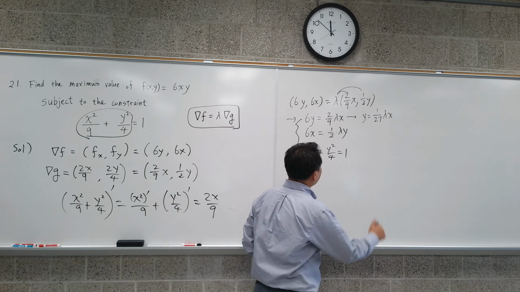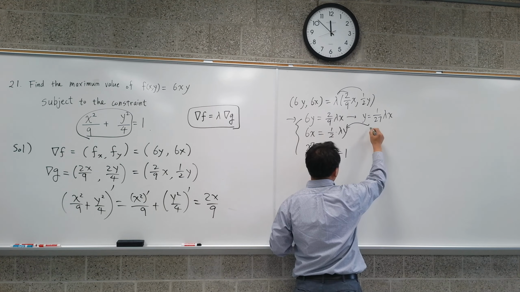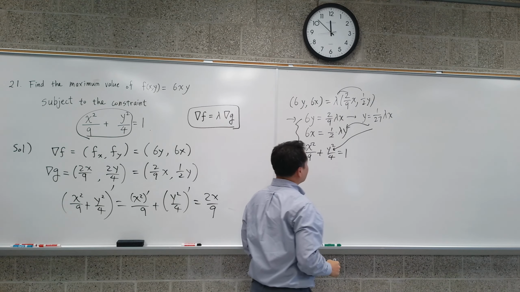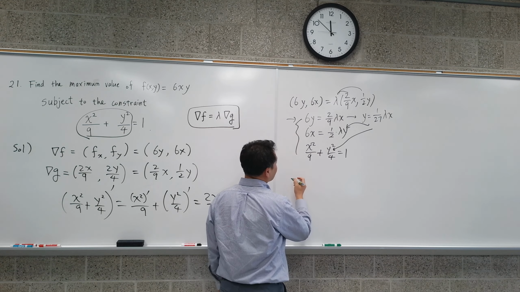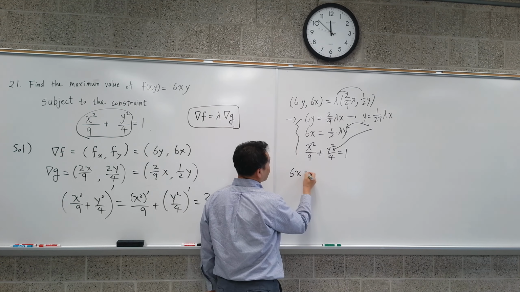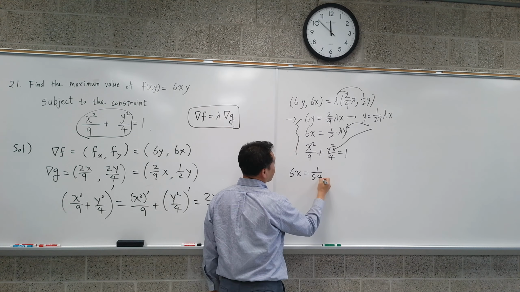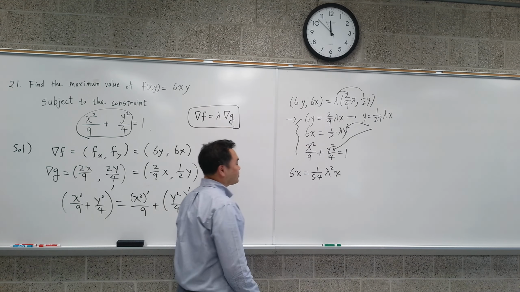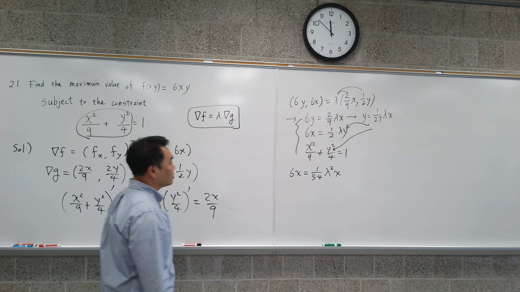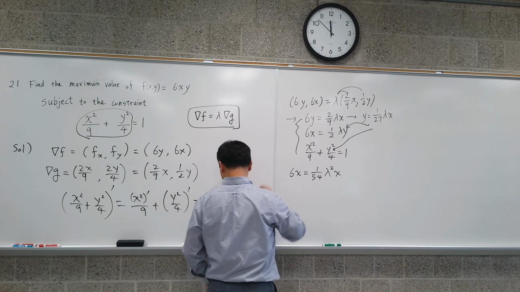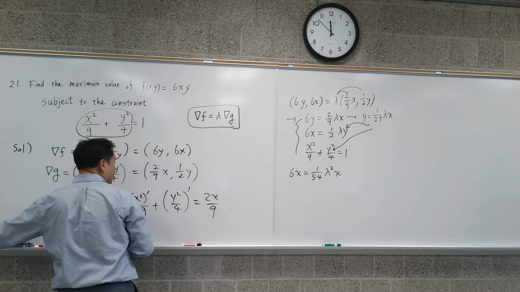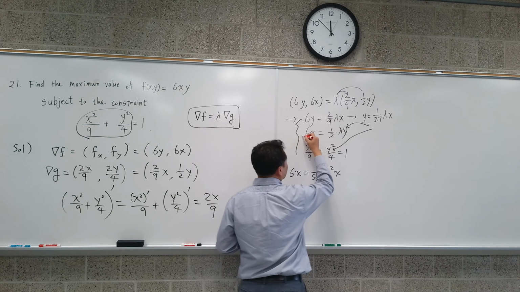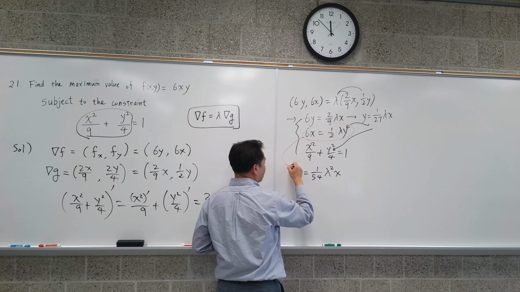Once you have that, that's going to go into each of the y's, and let's see what that gives us. We get 6x equals 1 over 54 lambda squared x. So that's what we got from here.